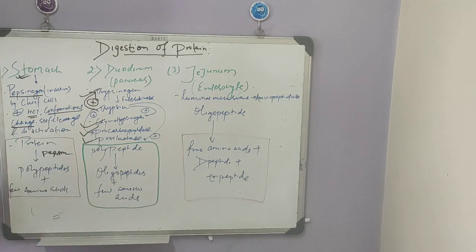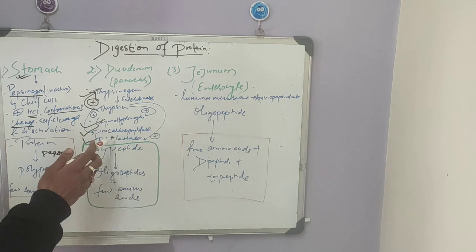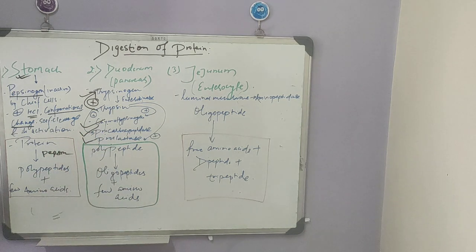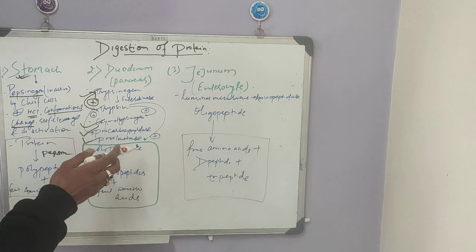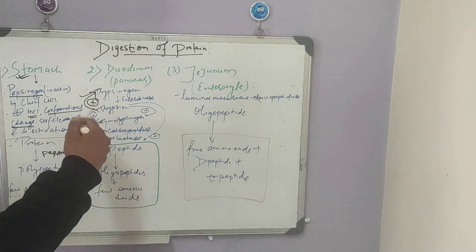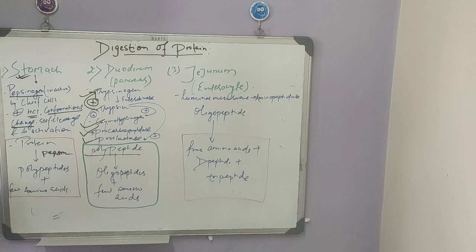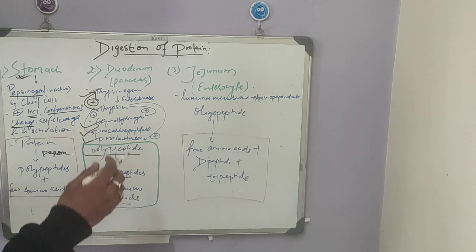Then this trypsin activates chymotrypsinogen, procarboxypeptidase, and proelastase and forms chymotrypsin, procarboxypeptidase, and elastase. Due to which finally all these enzymes act on polypeptides produced by pepsin into oligopeptides and a few amino acids. Now the content moves to the jejunum.